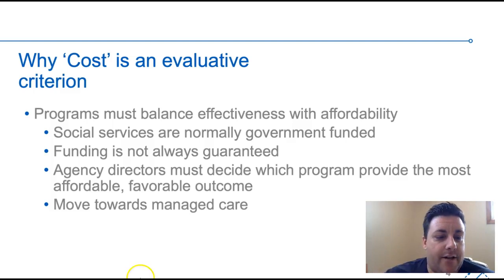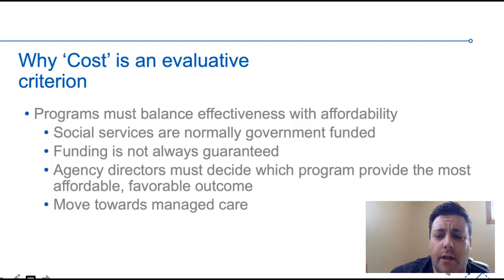Then there's this thing called managed care. Managed care was or is a way to control costs. In managed care, people agree to visit only certain providers, and social workers would be part of that. The reason they agree to visit only certain providers is that the insurance companies or the payer has negotiated the cost of services with that particular provider, so it's a way to drive down costs because care is monitored by some kind of external agency, typically the payer.